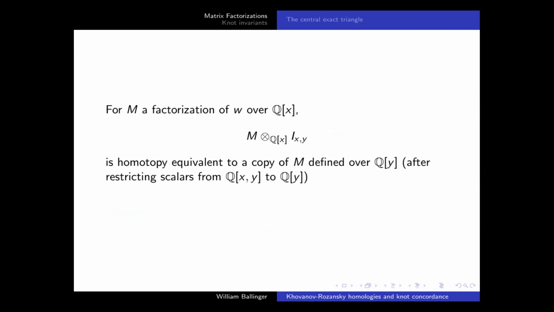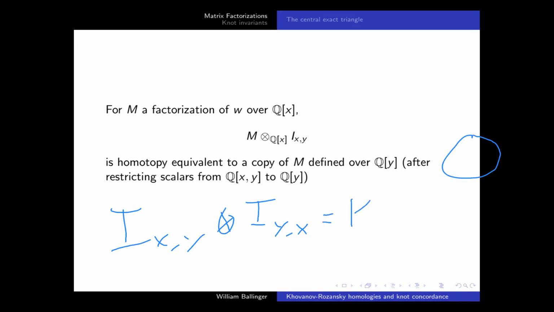And one last thing I want to say is what happens when you take the tensor product I_XY tensor I_YX. So in the graphical language, this corresponds to a circle. Well, this turns out to be the Koszul complex (0, W prime of X).